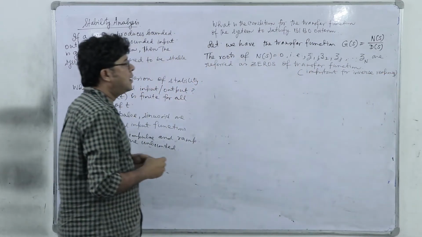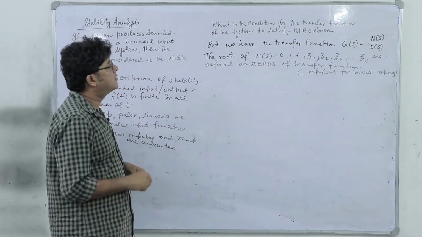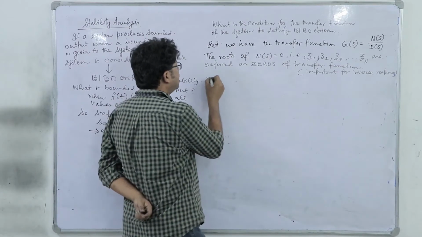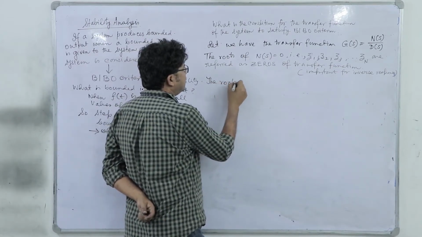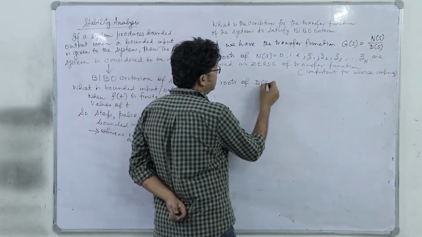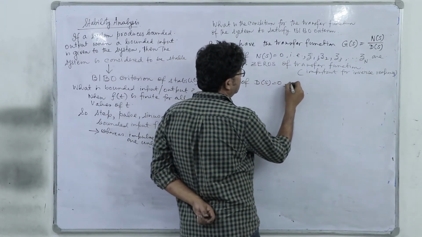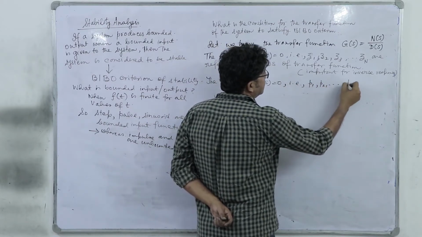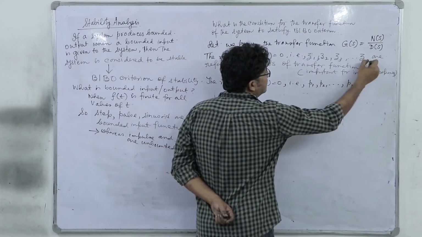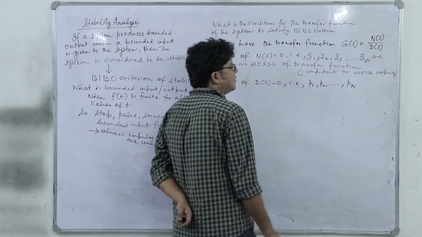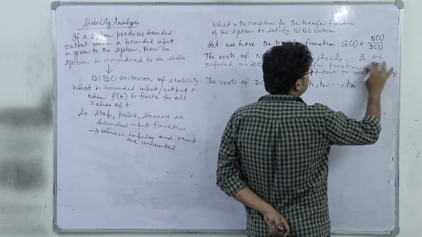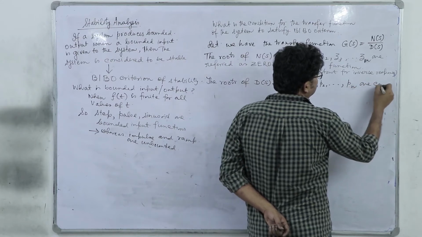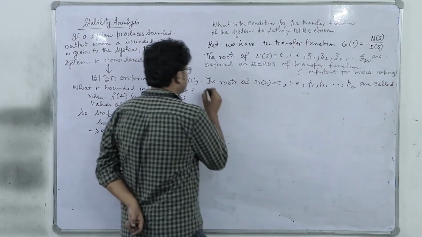Right? On the other hand, the roots of the denominator polynomial D(s) equal to 0, that is p1, p2, pm, or let us say this is m, this is n, or let us use small casing, are called poles of the transfer function.